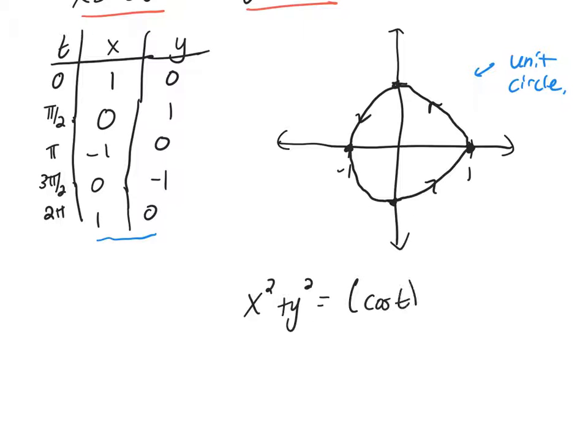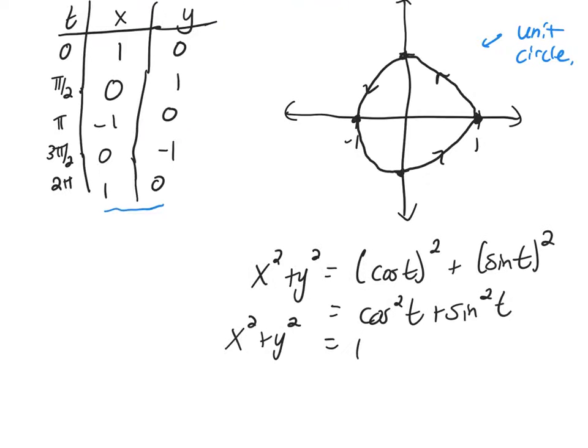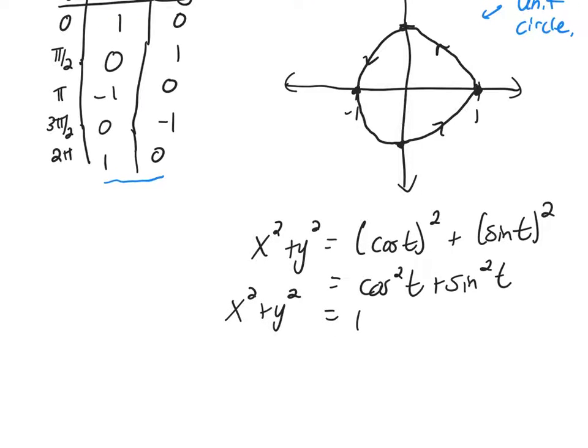x was cosine, y was sine. We get cosine squared plus sine squared, and that's 1. So this curve can be represented as x squared plus y squared equals 1. And this is a circle, the unit circle.